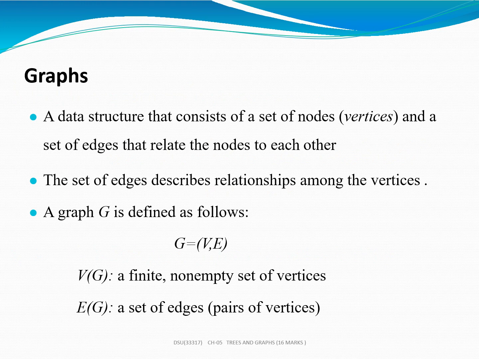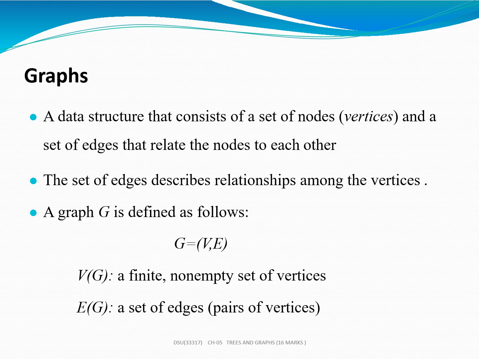So first, what is a graph? A data structure that consists of a set of nodes, means vertices, and a set of edges that relate the nodes to each other. The set of edges describes the relationship among the vertices. A graph G is defined as follows: G is equal to (V, E).